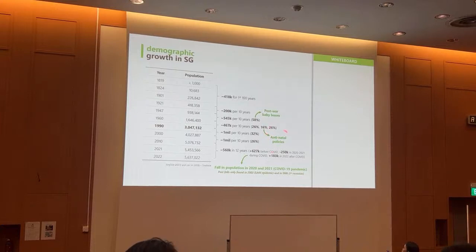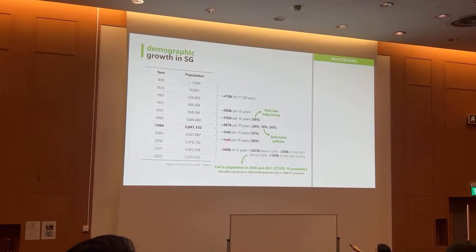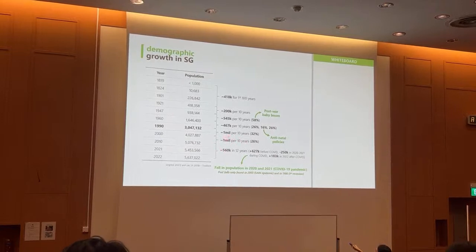And this was because of the antenatal policies implemented by the government. We will talk about this later on. From 1990 onwards, you can see that the growth of Singapore has been rapid and consistent with the rate of about 1 million people added per 10 years.